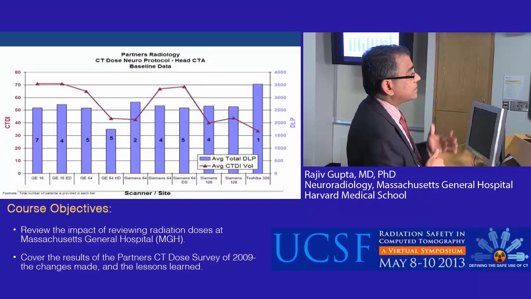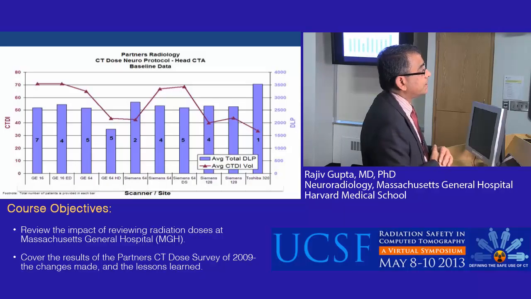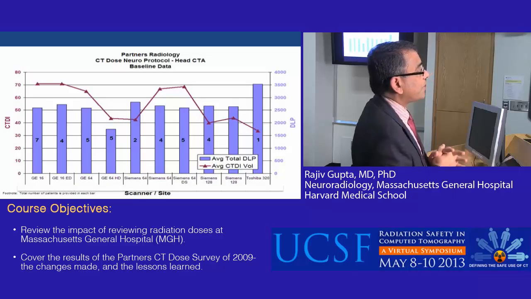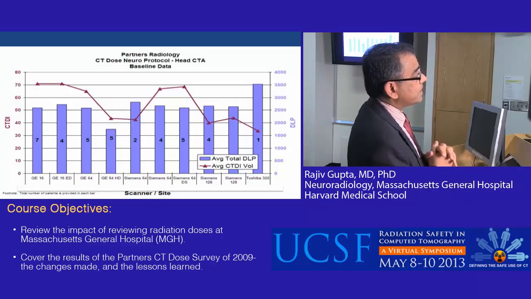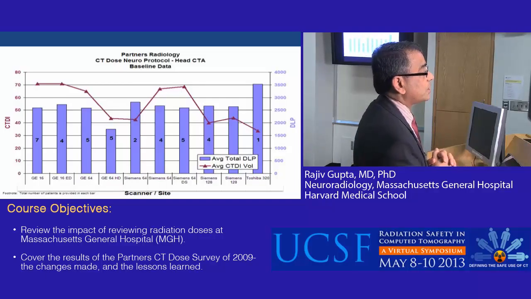If you look at CTA of the head, this is a summary slide. Again, on the left-hand side you have the CTDI, and on the right-hand side you have the DLP. And you see that the CTDI value changes from a low of about 30 to a high of over 70. Similarly, the DLP changes from about 1500 at the lowest to about 3500 at the highest.